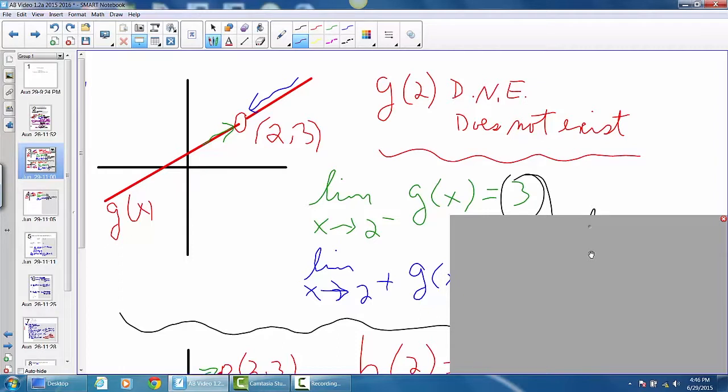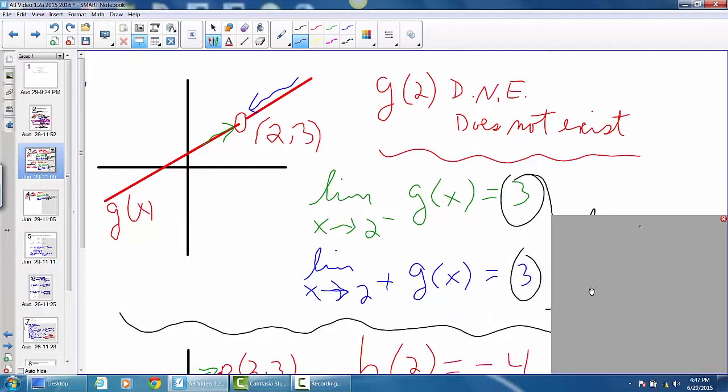The limit as x approaches 2 from the right, as you can see in blue, as I'm approaching from the right side of 2. This is 2 here right below, so obviously this is the left side of 2, which is the green, and this is the right side of 2, which is the blue. You can see again I'm approaching a height of 3.